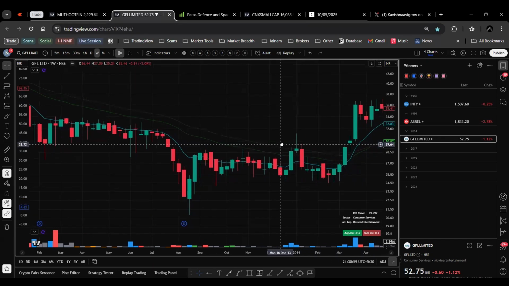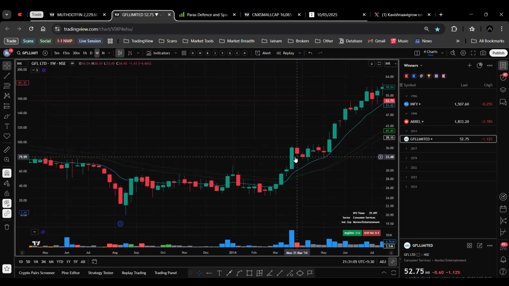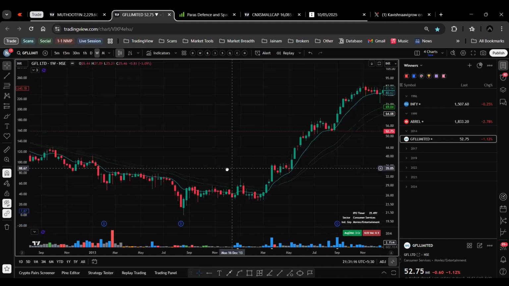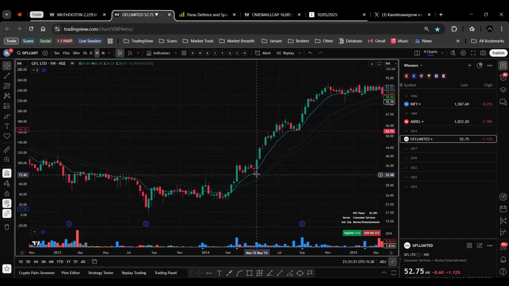So many people would start talking about this stock. But the correct structure formed in a couple of weeks. It took almost 6 weeks to form this structure. It did not form in a day or two. Then it continued its upward trajectory. And this is what linearity is. It's not falling too much, it's respecting a moving average, and it continues its up move.